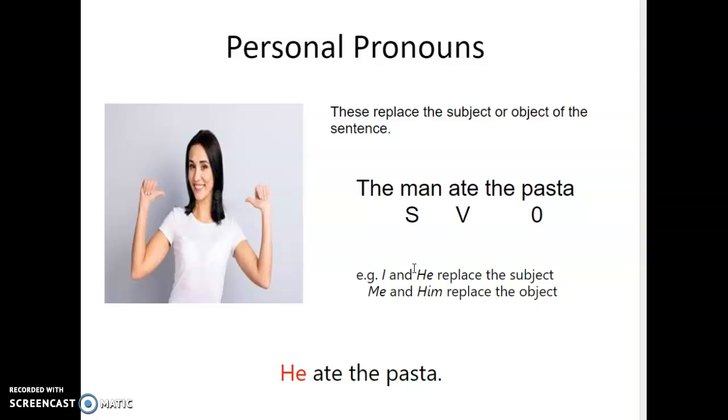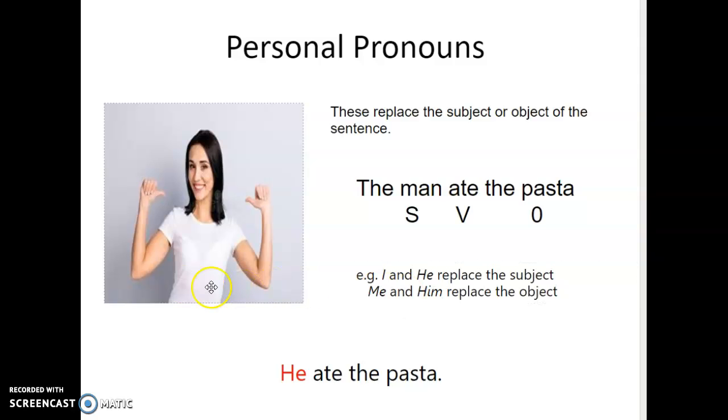In order to replace that noun with a personal pronoun, we can replace it with he. He would be the personal pronoun here that replaces the noun. As I say here, I and he replace the subject, me and him replace the object.